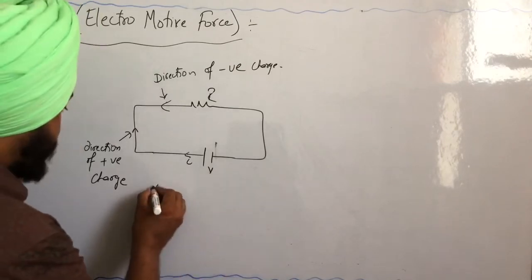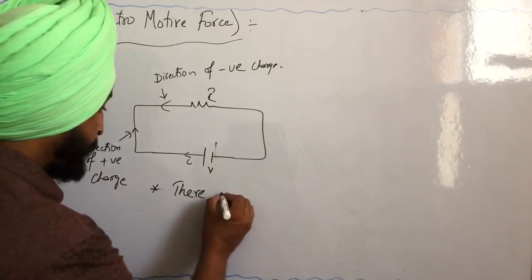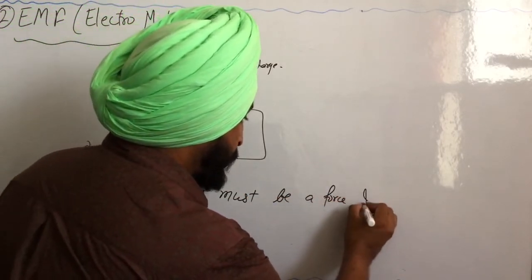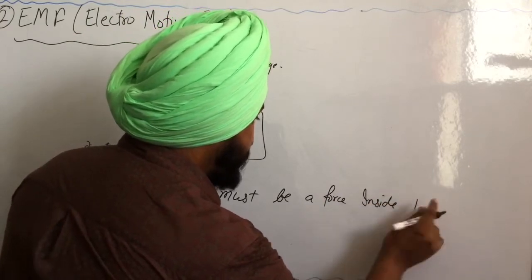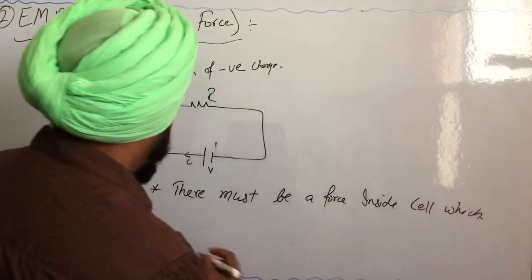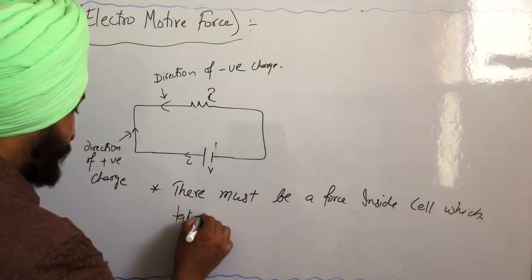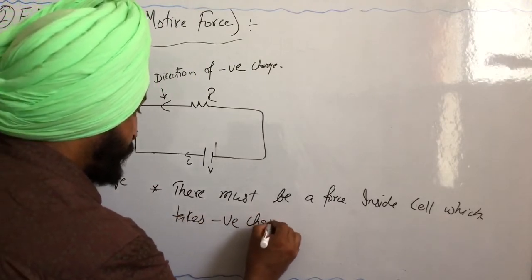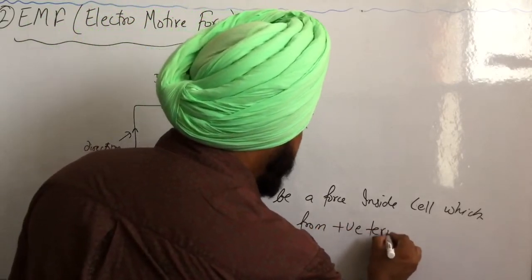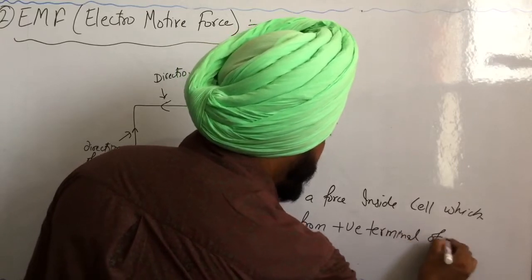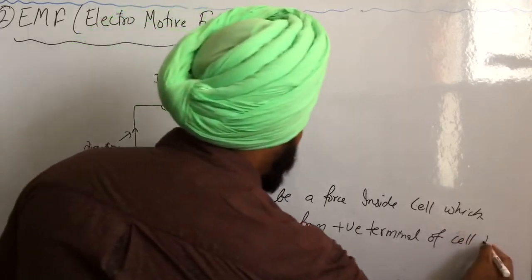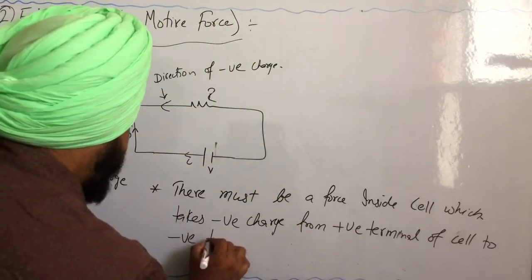So there must be a force inside the cell which takes negative charge from the positive terminal of the battery or cell to the negative terminal.